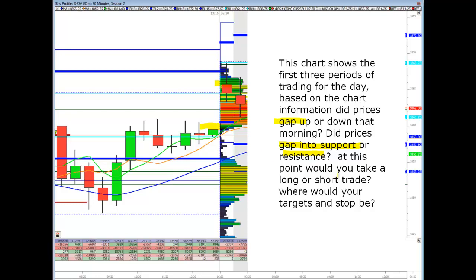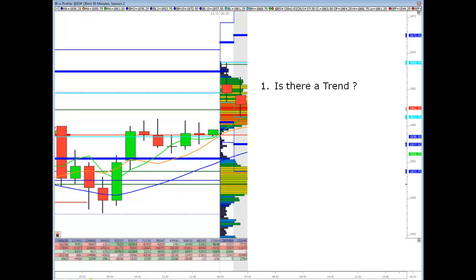So we have to look into that to be able to answer that question. Now at this point, would you take a long or short trade, and where would you put your targets or stop? Well, is our 5 SMA rule in play? Absolutely not. We're above the 5 SMA. Now, as far as our traditional questions, is there a trend here? If you take a look, I have the 20 simple moving average, and then I have the 8 above it and the 5.